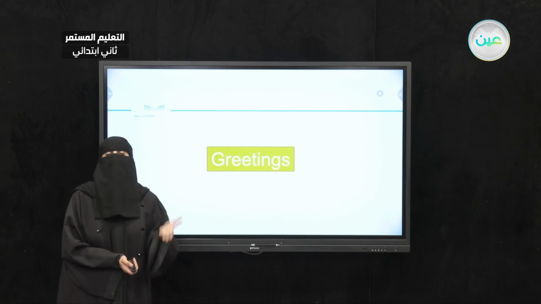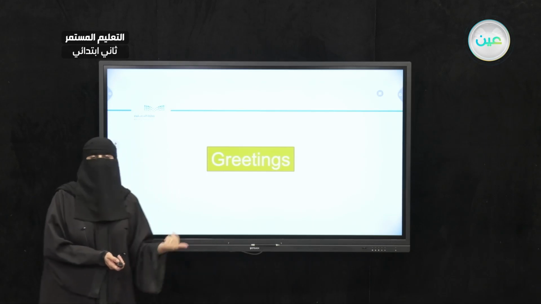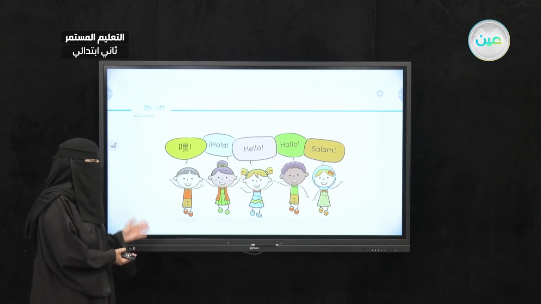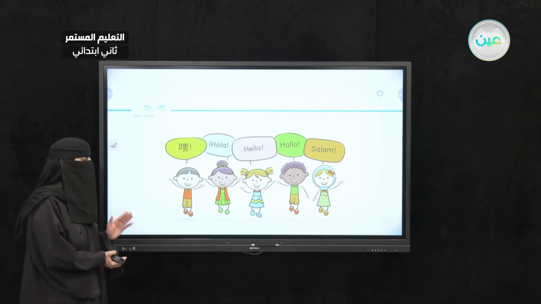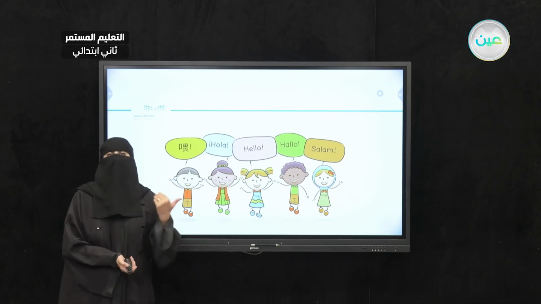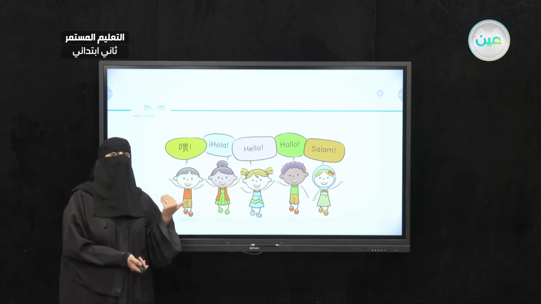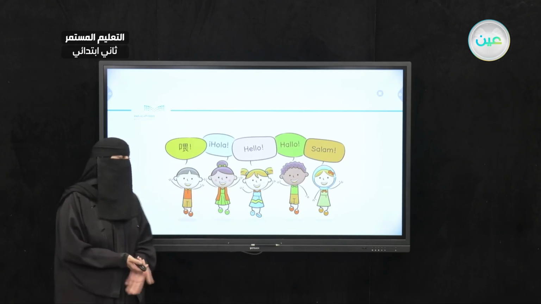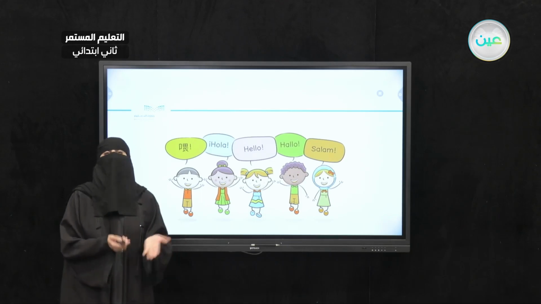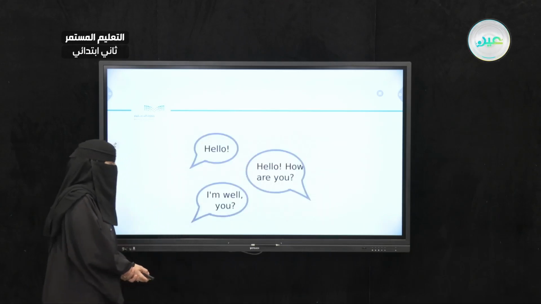Let's revise the information that we got from the previous lesson. As you can see, same picture here, different children from different countries greeting us in their own language using different greeting words. I have salam, hello, different words according to the country they are from.